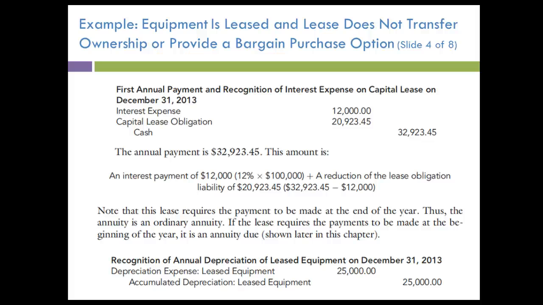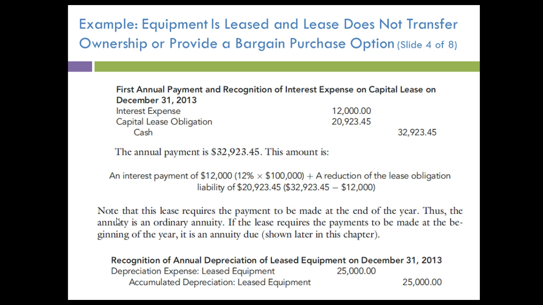So that difference is going to be debited to the capital lease obligation as a reduction of the capital lease obligation. This amount is being paid at the end of the year. So in this case, this annuity is considered an ordinary annuity. If it's at the beginning of the year, it's an annuity due.